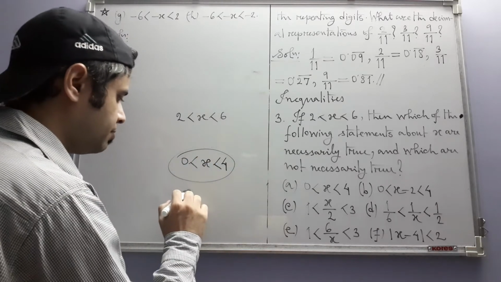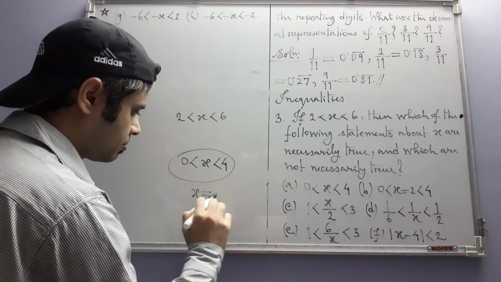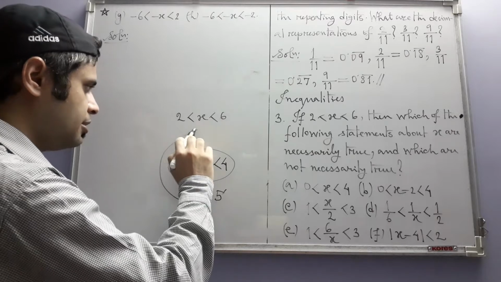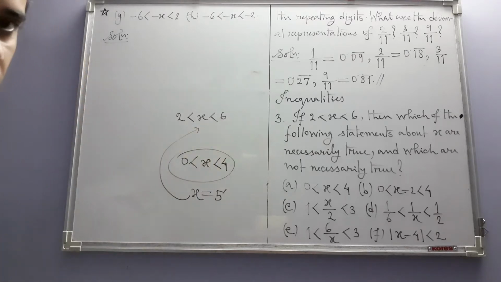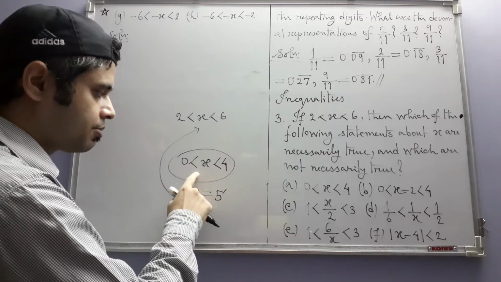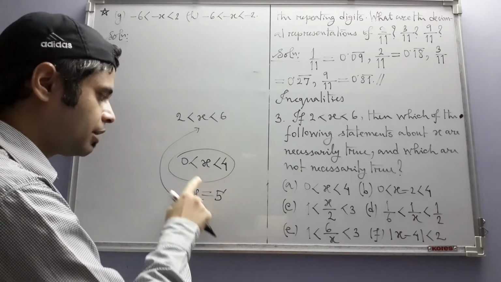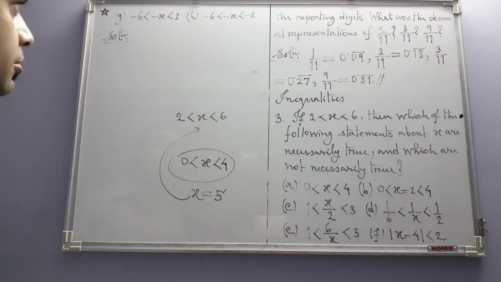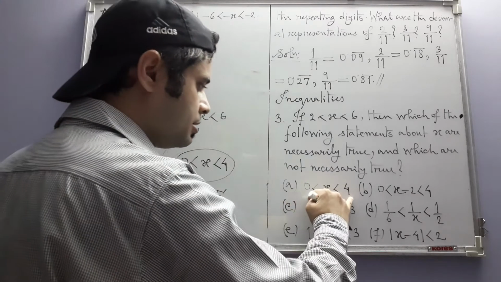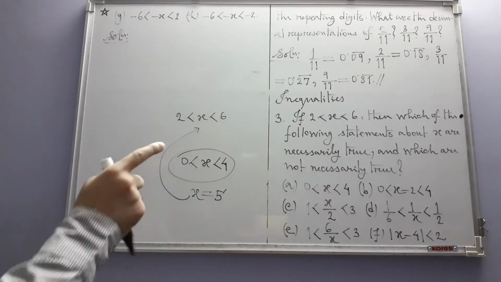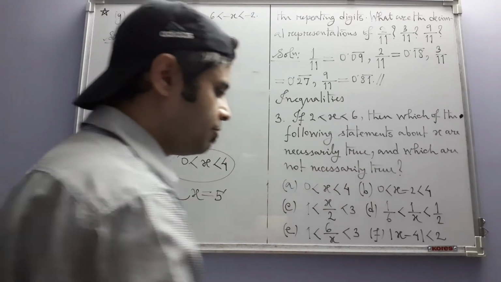For example, you can take x equal to 5. This value satisfies these inequalities. However, this value clearly does not satisfy these inequalities. Although 5 is greater than 0, 5 is not less than 4. So, this is not necessarily true. It's not a consequence of the given inequalities.